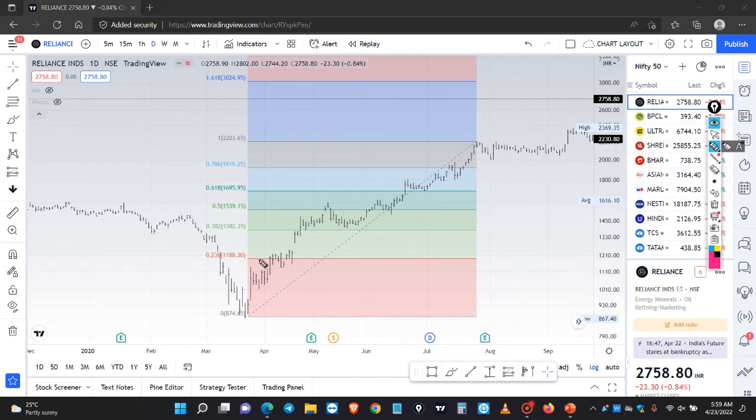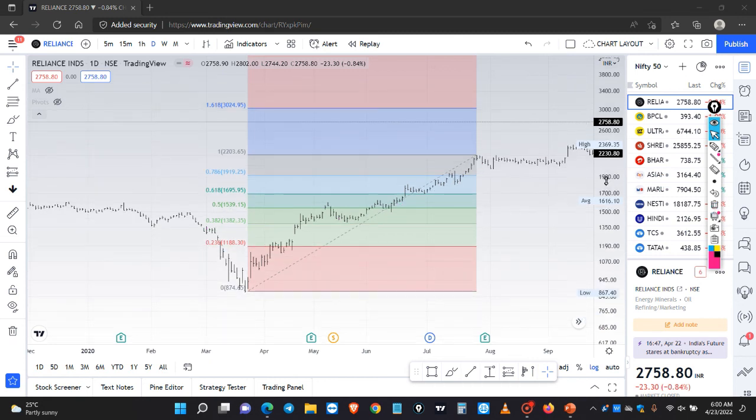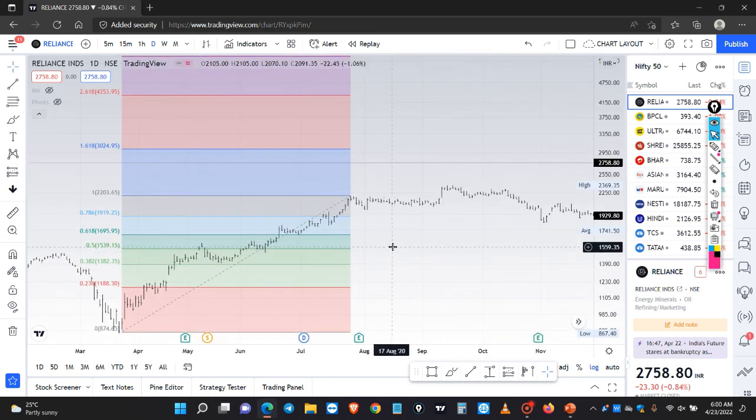So you can see that it took support here, it took support here at this level, and then again it took support from this level. Here it took the support of this level, and here it acted as a resistance, here it acted as a resistance.